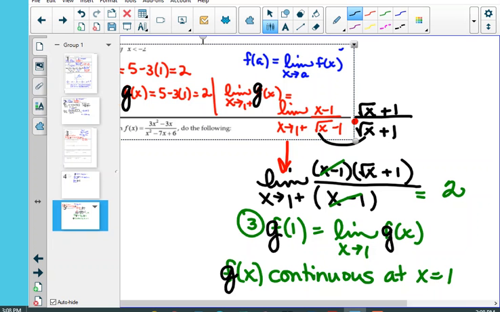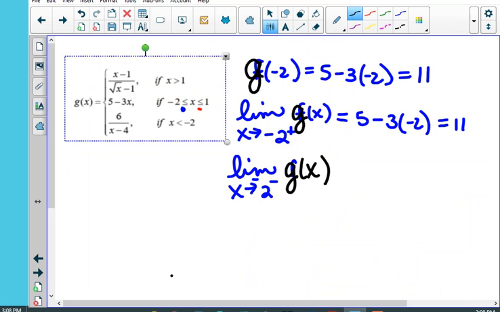Because look how easy that is to do. All right, so I'm finishing the G's for -2. So the limit as x approaches -2 from the left for g of x is a limit that doesn't exist.